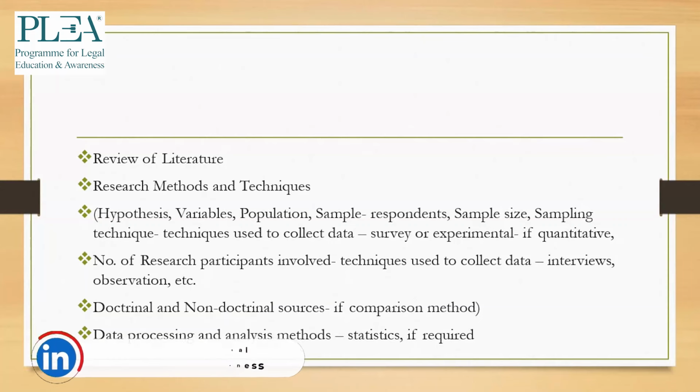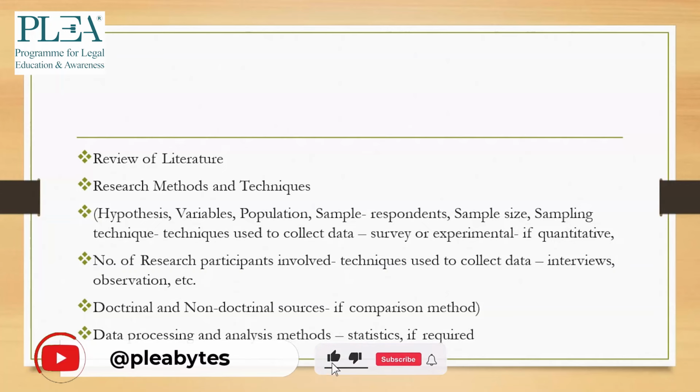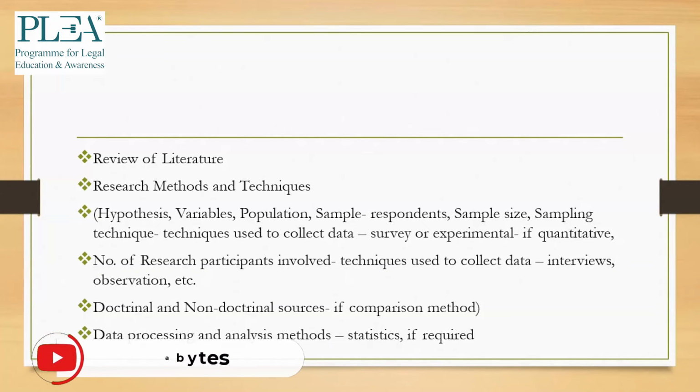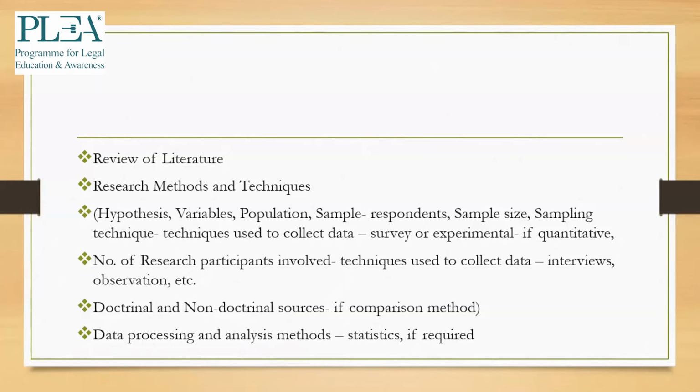Now, if you're doing quantitative research, you'll have to mention your hypothesis. What is a hypothesis? It is a tentative statement that you have made in order to explain what kind of research you are doing. For example, if you're talking about a particular statistical or quantitative research, you will have to carve out a particular hypothesis, that is, a particular statement, which can be tested using different statistical methods.